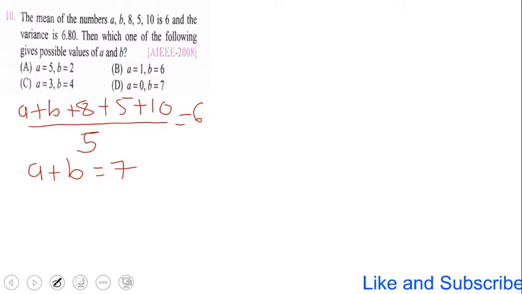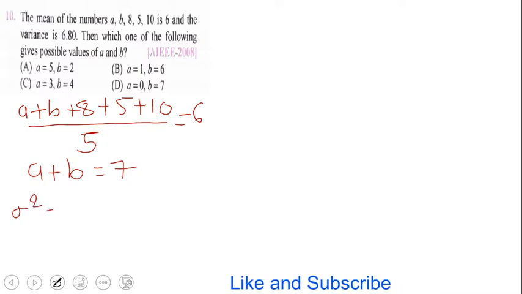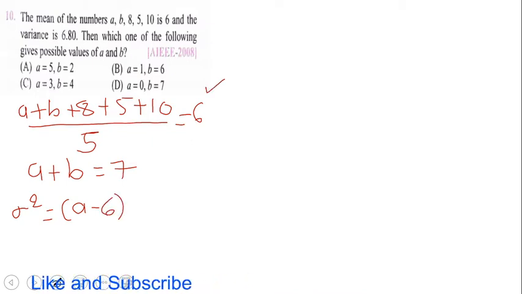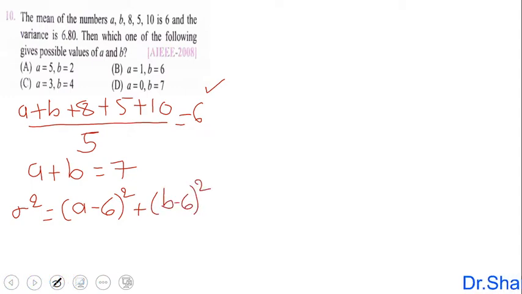Next we'll take the variance definition here. So sigma square equals a minus our mean, which is 6, so a minus 6 square.